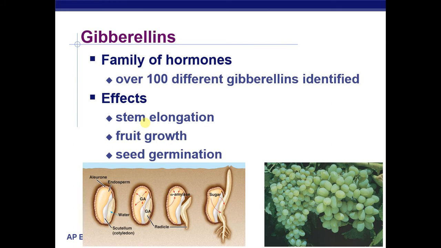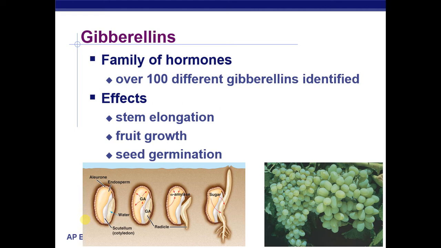Gibberellins are a large group of over 100 different molecules that have many effects, like promoting stem elongation, fruit ripening, or seed germination. And here in this picture, you can see how when a seed is in the ground, we wouldn't want it to grow if there's no water for the roots to tap into to make a healthy plant. So when water is able to permeate through the seed coat, it activates gibberellin within the seed.